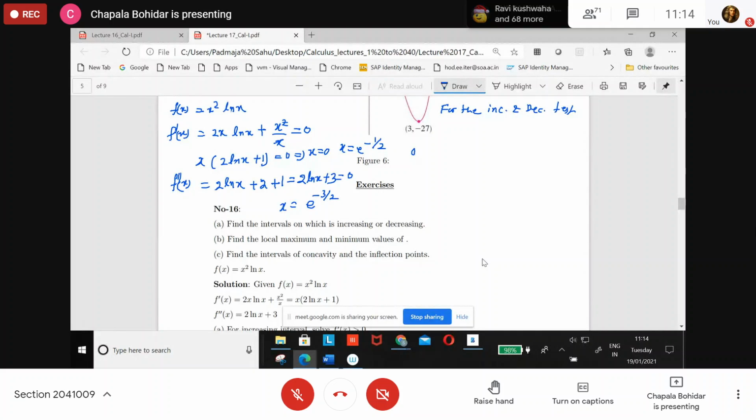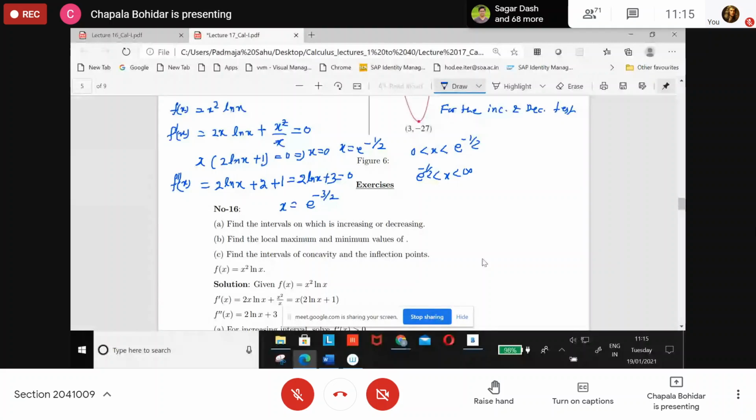So 0, and e to the power minus 1 by 2. What we are getting is x is equal to 0 and x is equal to e to the power minus half. So it is 0 is less than x is less than e to the power minus half, then e to the power minus half is less than x is less than infinity.